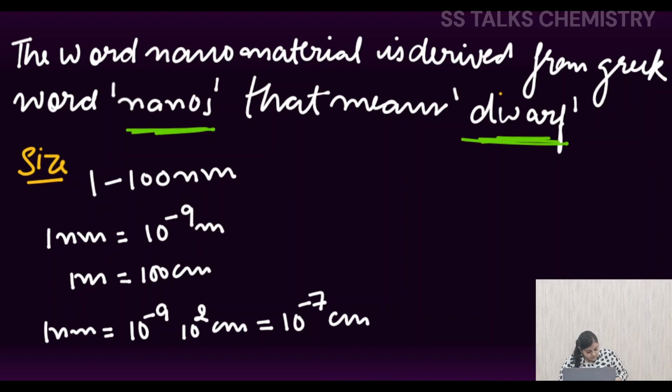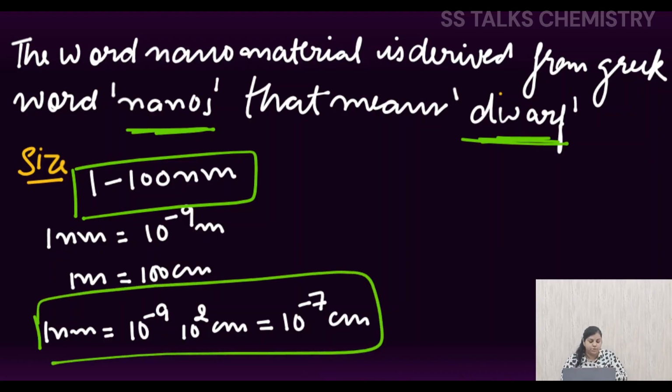This is the dimension of a nanoparticle. It is important that it lies between 1 to 100 nanometers, and you can write it in meters or in centimeters using these relationships. So if a particular material falls in this range, it is a nanomaterial.